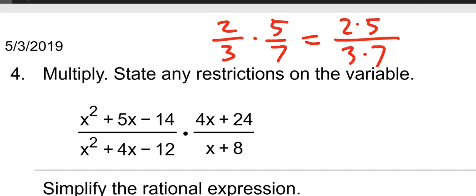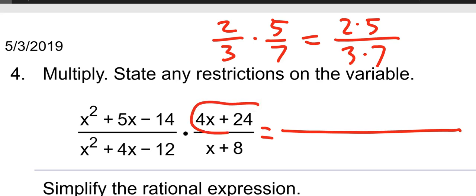Okay, now. So what we're going to be doing is we're going to be factoring this, but we're going to be writing one giant fraction with all the factors on the top and all the factors on the bottom. Now, can you tell me what we're going to do right there with the 4x plus 24? What can you pull out of that? A 4. What will that leave me with?